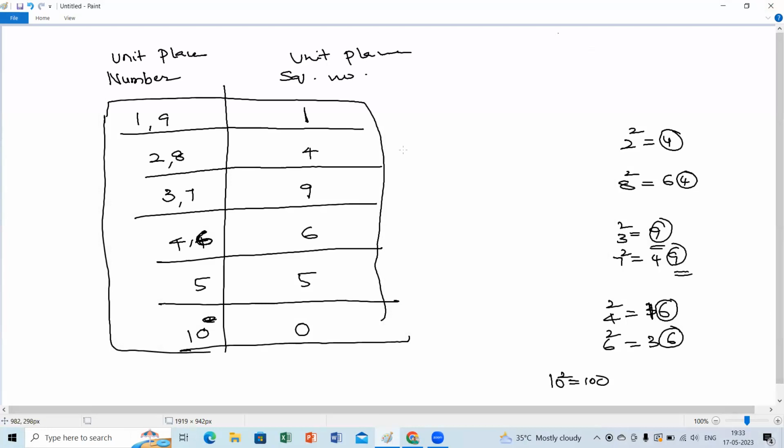Right, that is also something you should remember, children. For 1 you get 1 only, for 6 you get units place 6 only, and for 5 you get units place 5 only. These are only 3 numbers whose units place is also the same in the square.